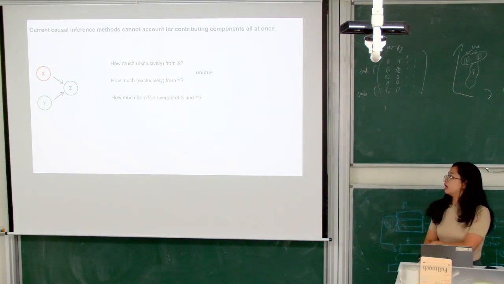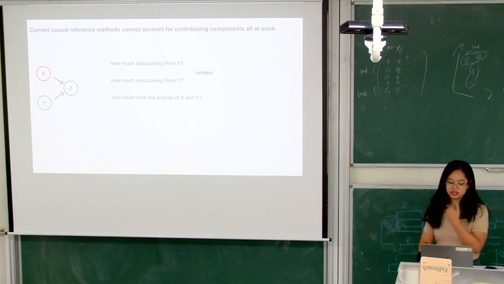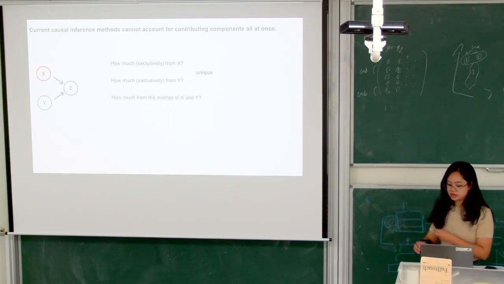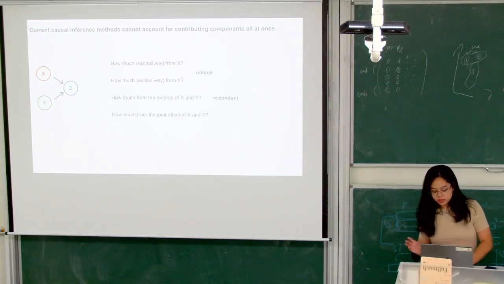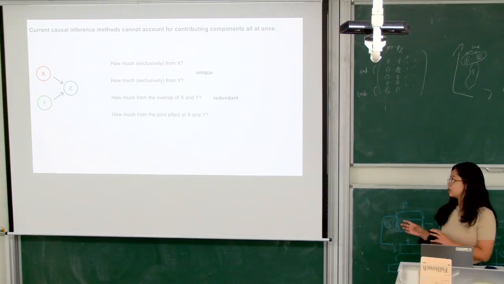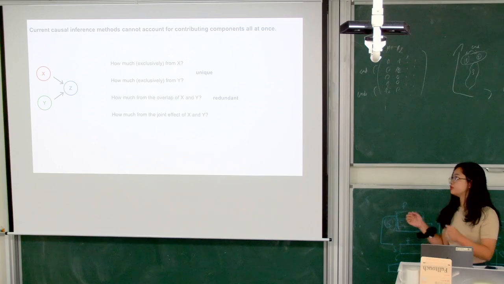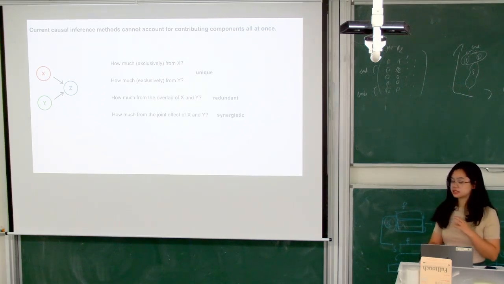And these methods can also not infer how much causality is from the overlap of x and y. These are the redundant causalities. How much is from the joint effect of x and y? These are the effects that can only be observed if you combine the effects of x and y. These are the synergistic effects.